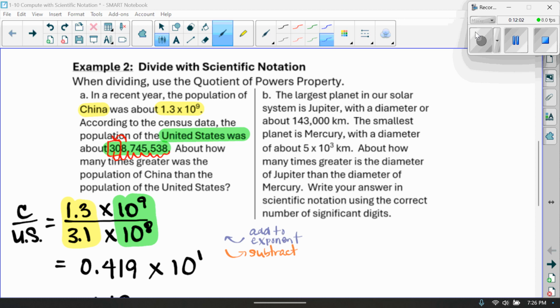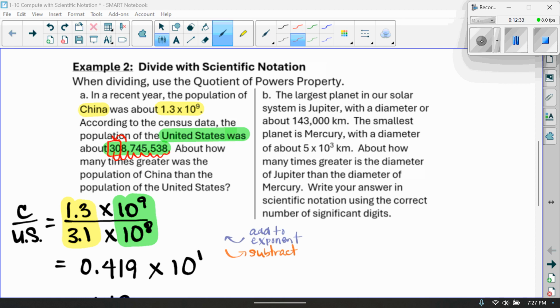All right, so now I would like for you to press pause and try to do example 2B on your own, and then play again for the rest of the example. And on this one, I'm going to show you this trick right here. All right, so it says the largest planet in our solar system is Jupiter, with a diameter of, let's say, about 143,000 kilometers.